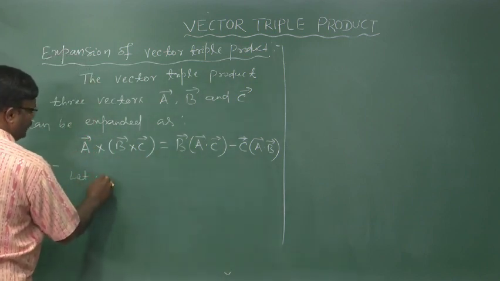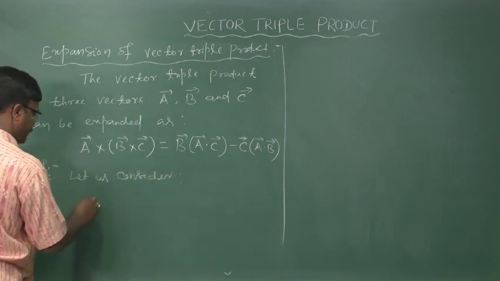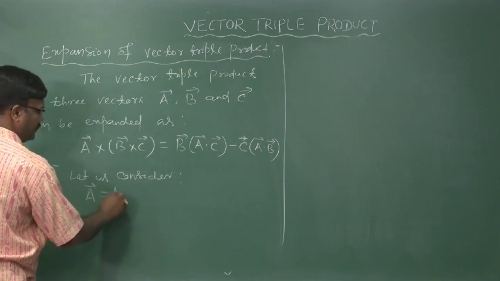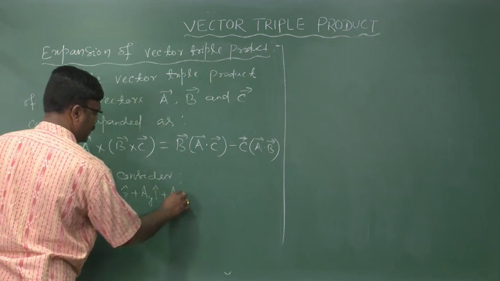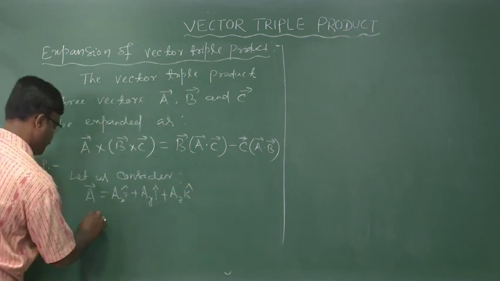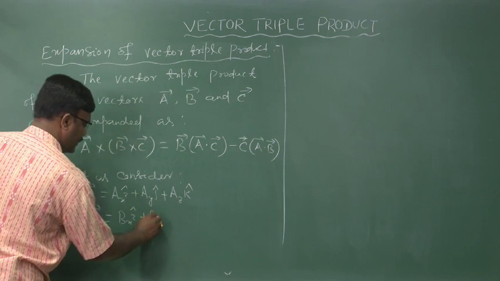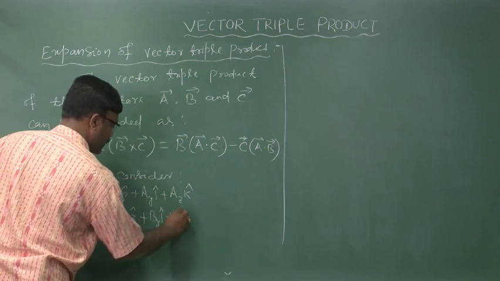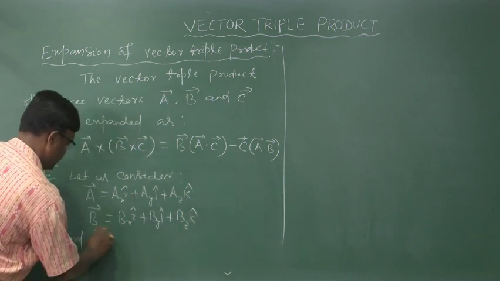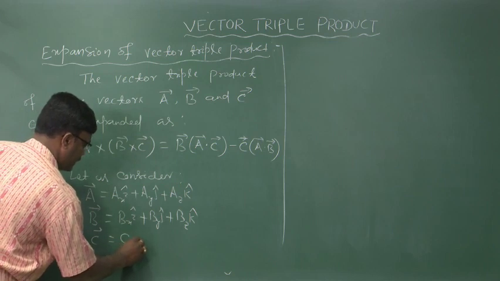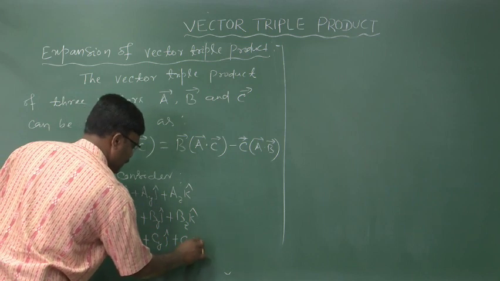Let us consider A vector is equal to Ax i cap plus Ay j cap plus Az k cap. B vector is equal to Bx i cap plus By j cap plus Bz k cap, and C vector is equal to Cx i cap plus Cy j cap plus Cz k cap.